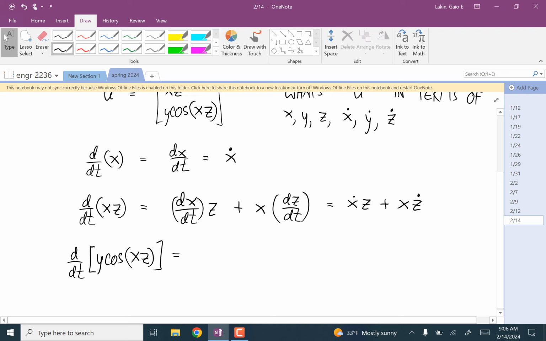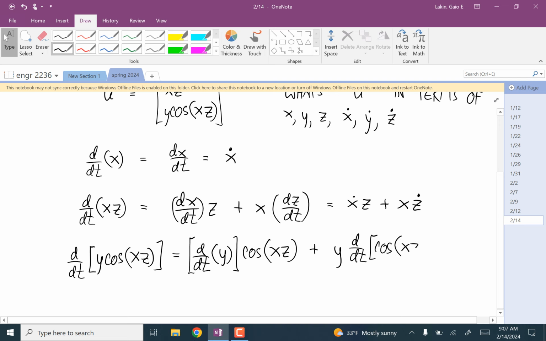From the product rule, this is d dt of y times cosine of xz plus y times d dt of cosine xz.